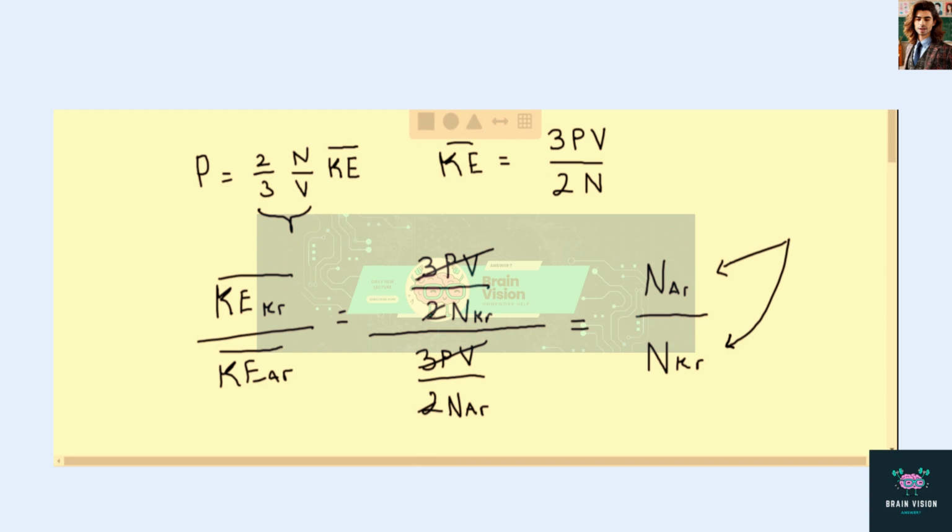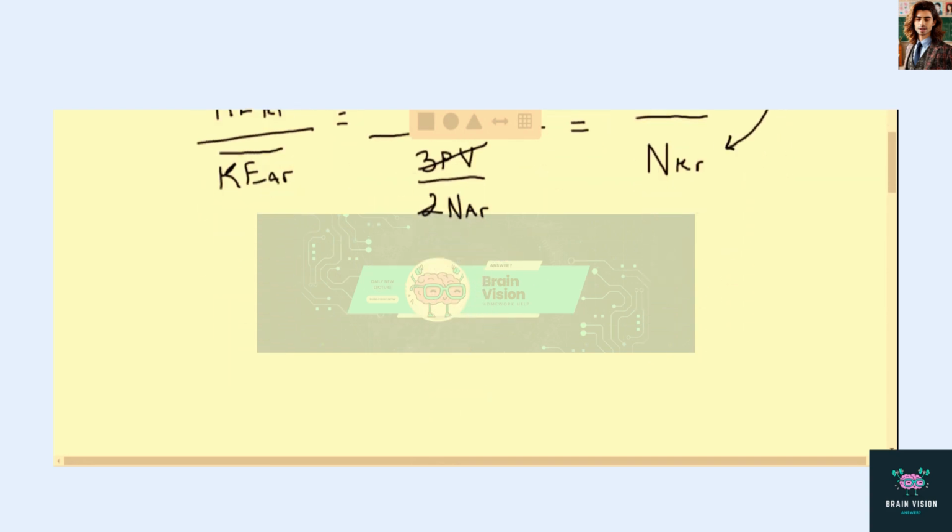So the way to do this is going to be to remember, one, how to convert from a number of molecules to moles. And the relationship for that is big N over Avogadro's number is equal to the number of moles.